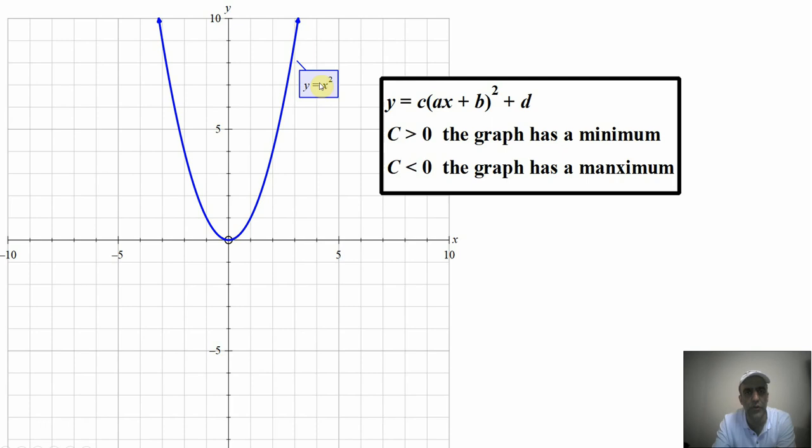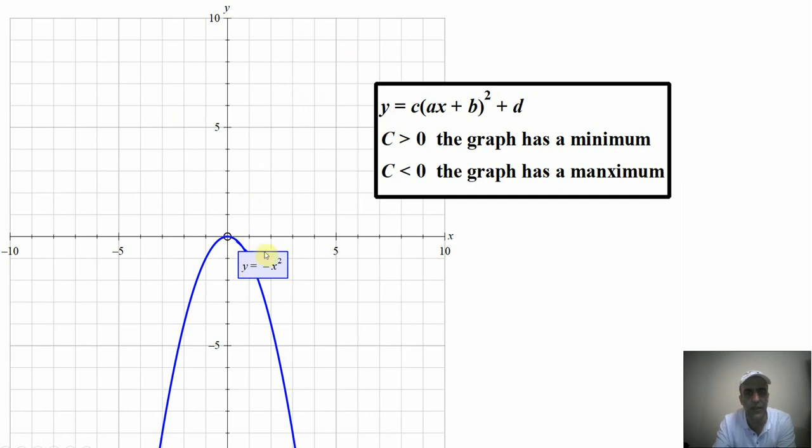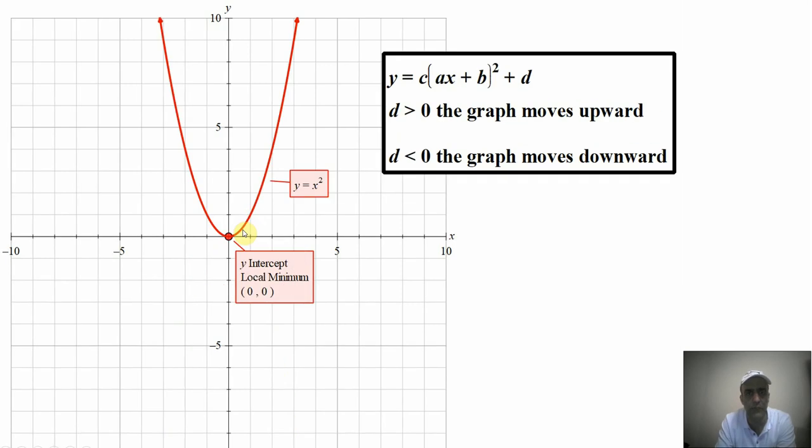The local minimum is exactly the same as the y-intercept, and the y-axis is the symmetric plane. If we change the sign of the equation to minus x power 2, in this situation we will have a maximum. Again, in the positive sign, the minimum is exactly at the position of the y-intercept.